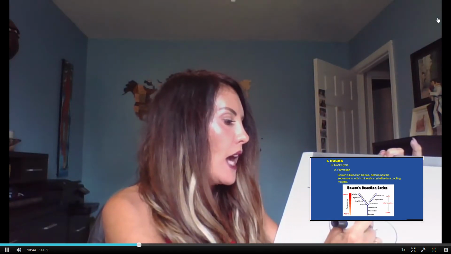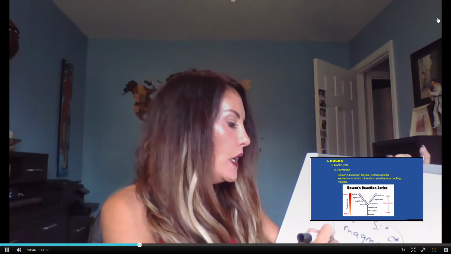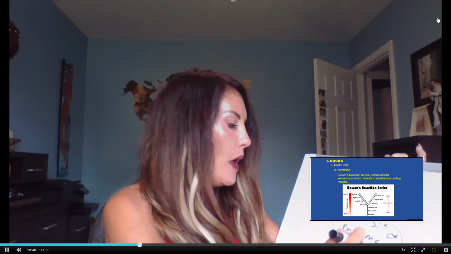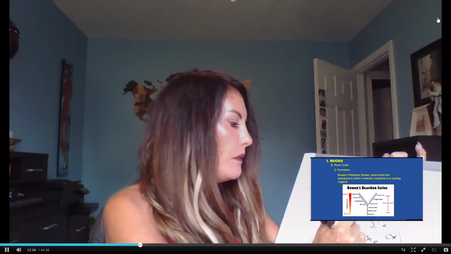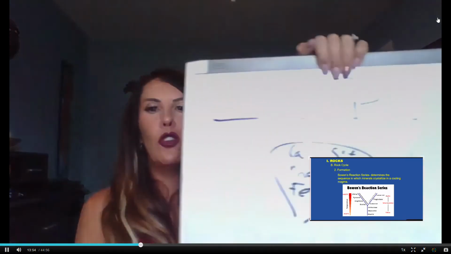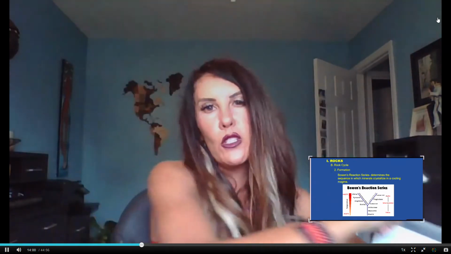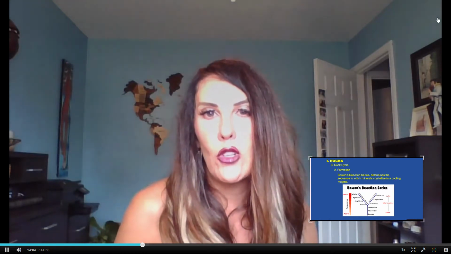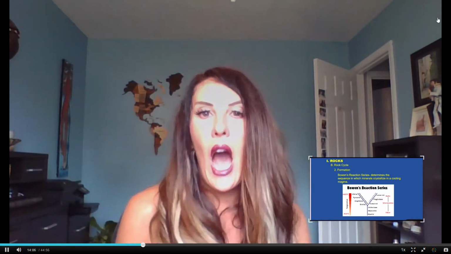We said in our last lecture that silica and oxygen are the most abundant. You can have iron, magnesium, copper. Those are non-silicates in your body of magma. So you have all these elements in that body of magma, and as it's moving up towards the surface, specific minerals are crystallizing out of that body of magma at specific temperatures.